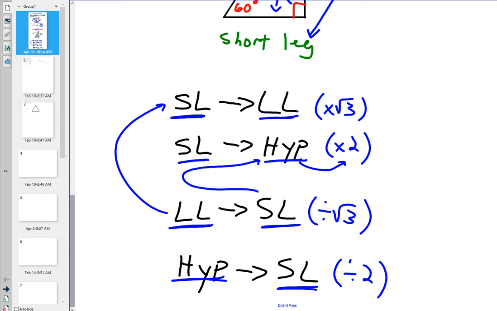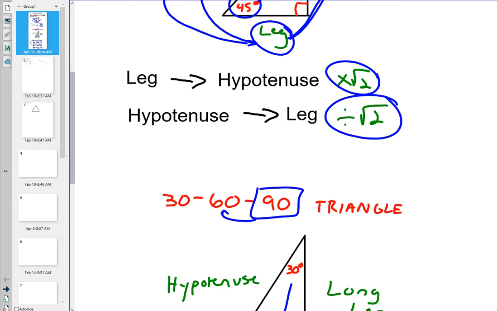Another thing I will do to try to make life a little bit easier on you: the only ones that could cause you a little bit of trouble are these, the ones where you are dividing by a radical, when you divide by a square root.